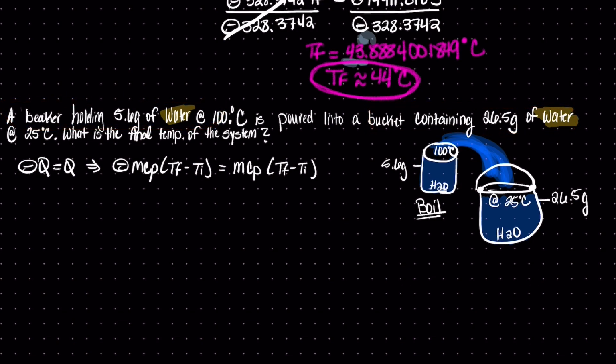So, you should be jumping up and down right now talking about the bucket has more water in it because it has more mass. So logically speaking, I would expect the final temperature to be somewhere closer to that bigger mass. So somewhere closer to 25 degrees Celsius. It's gonna be closer to that end than the 100. That's where my money is. Let's see where our math takes us.